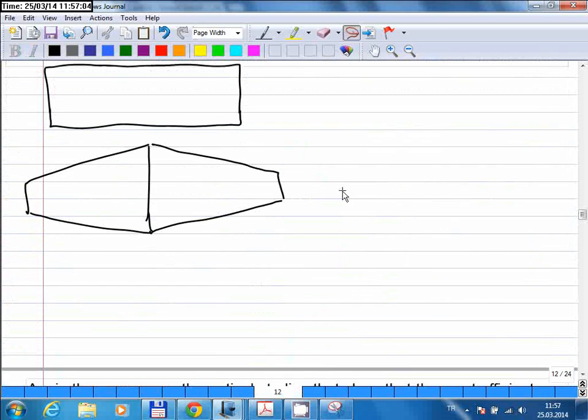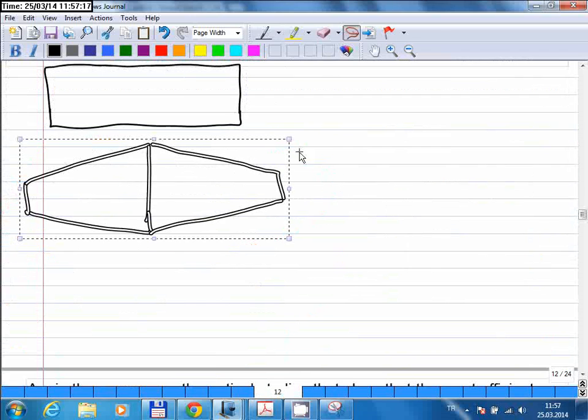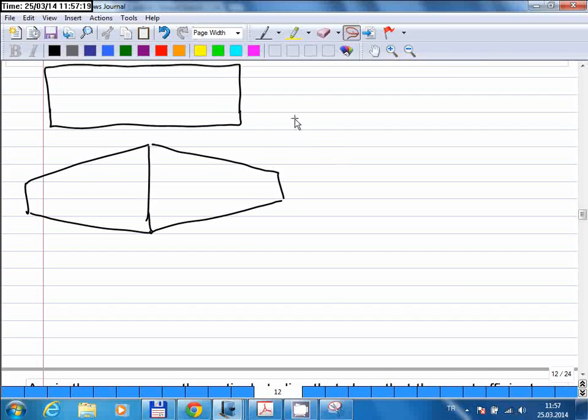So let's consider many different planform shapes. All have the same aspect ratio, but the planform shapes are different. So this is a rectangular planform. This is a trapezoidal planform. So what else can we have?